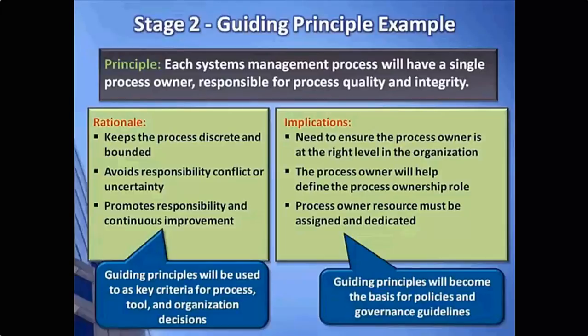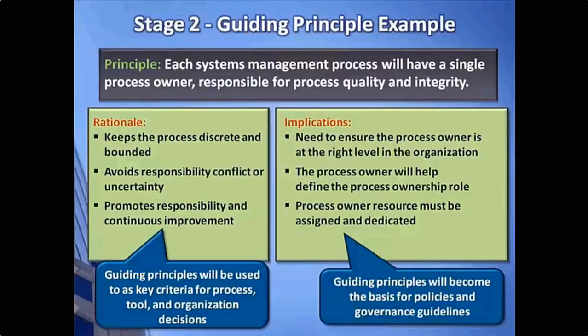Now, what does this mean from an implication standpoint? And this is specific to how this impacts your particular company or IT organization. Number one, we need to ensure the process owner is at the right level in the organization. So right at the get-go, we're saying, let's start by making sure whoever is selected for this has the appropriate teeth within their role and organization structure to get things done. The process owner will help define the process ownership role.